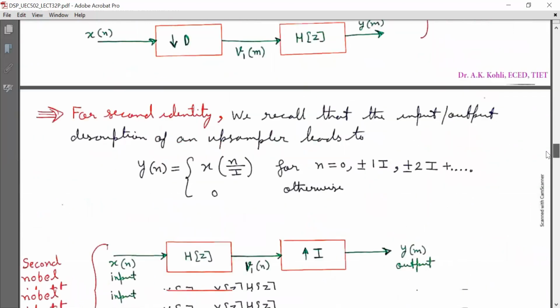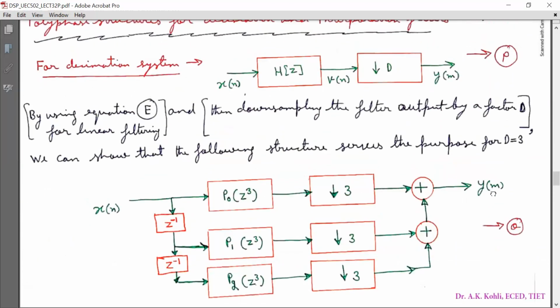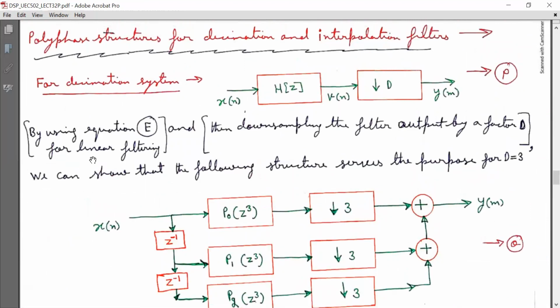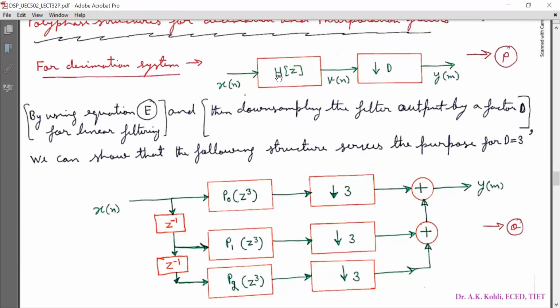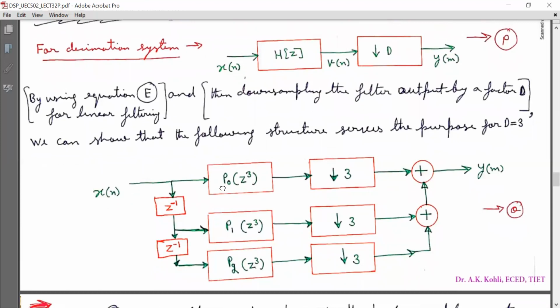So by using equation E for linear filtering and then downsampling the filter output by a factor D, we can show that the following structure serves the purpose for D equal to 3. So I have replaced H(z) with a polyphase structure as shown above, and this structure Q is an equivalent decimation system. The only change we have made is that we have replaced H(z) with an equivalent polyphase structure. Now I have considered D equal to 3, that is, the downsampling factor is 3.